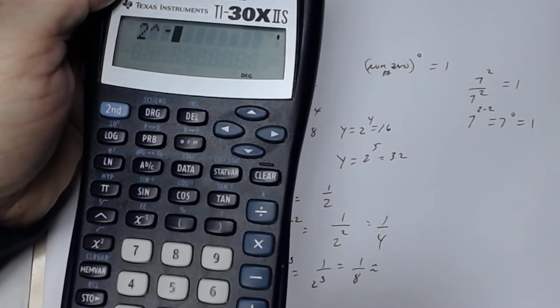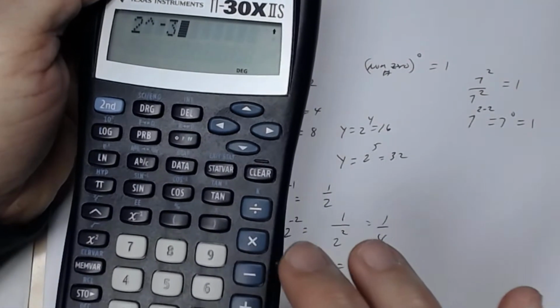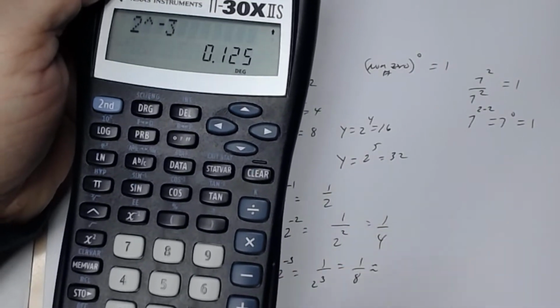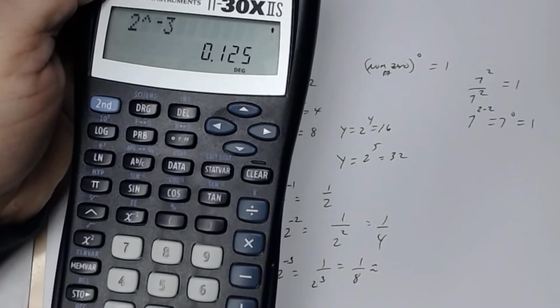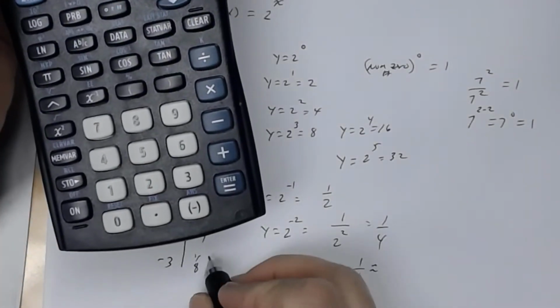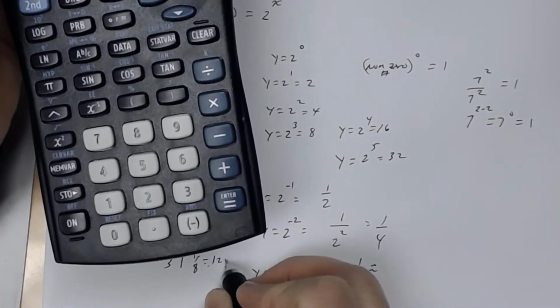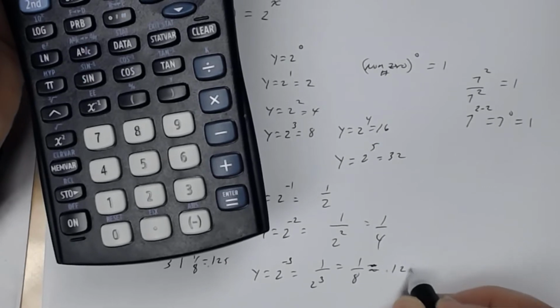Make sure you say negative. Press equal, and you get this decimal, 0.125. So it's actually equal to 0.125.